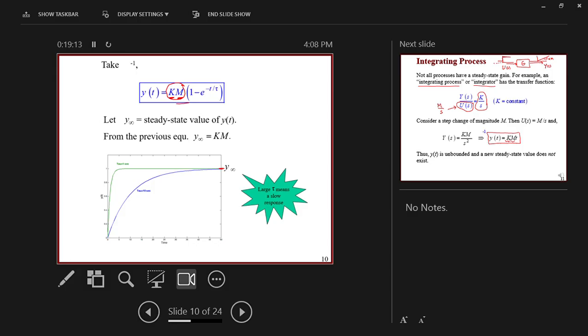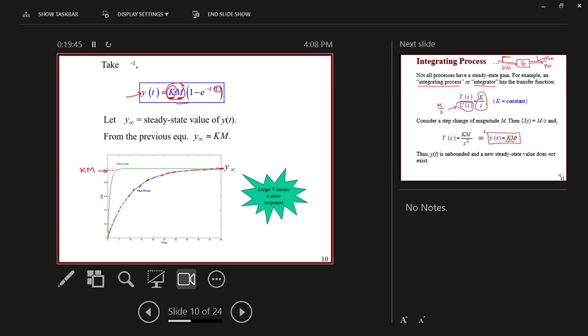This value here is km. And this y changes from a value of 0, exponentially increasing until it reaches a final steady state value of km.